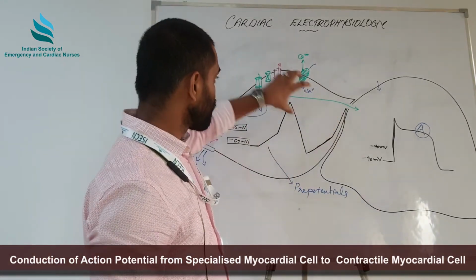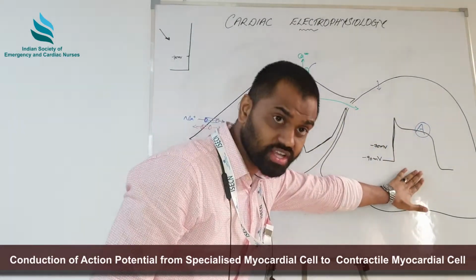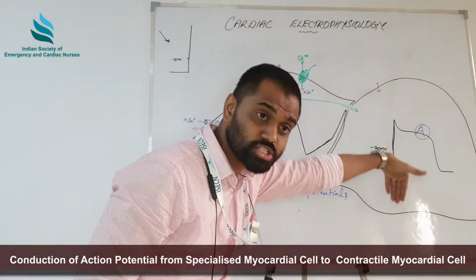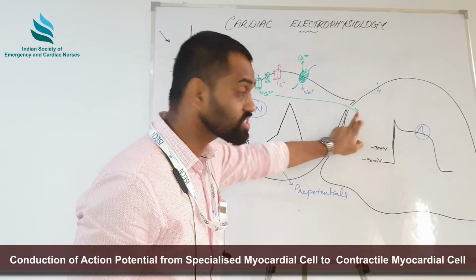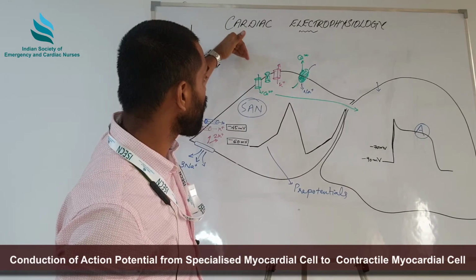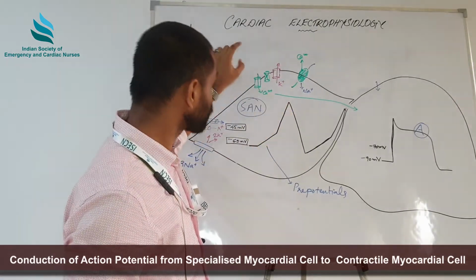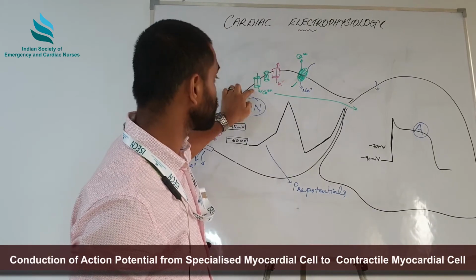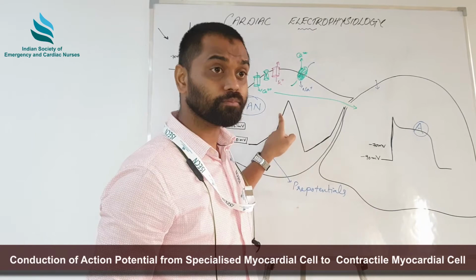So from the saNodal cell, the stimulus that is passing to the atrial cell are these cations. Which cations? The calcium ions, which are influxed into the pacemaking cells through these calcium channels during the phase of depolarization in the saNodal cell.